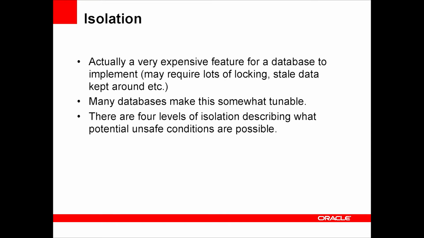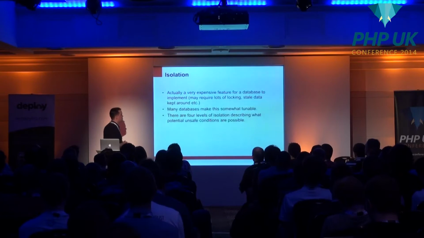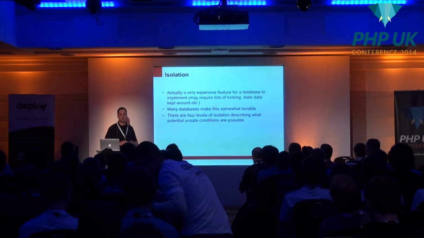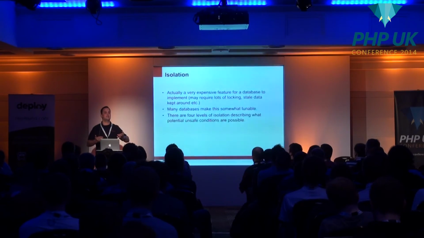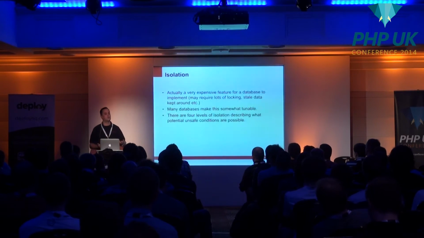Isolation is actually very expensive, what this means. It can require a lot of locking, and it can require stale data being kept around. So as an answer to this, there are actually 4 theoretical levels or options for what changes you're allowed to see in another transaction while you're modifying data.